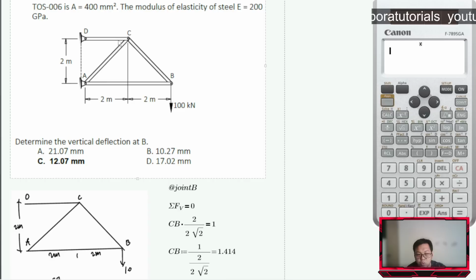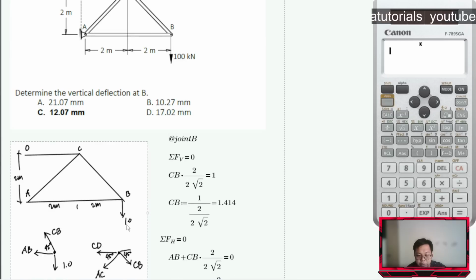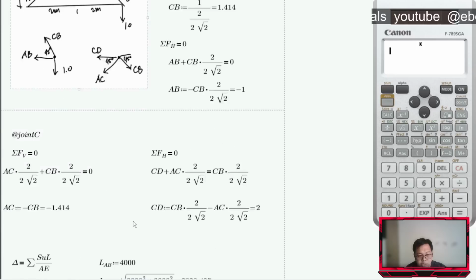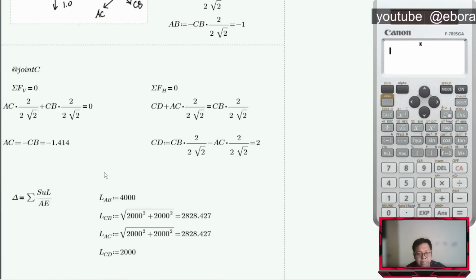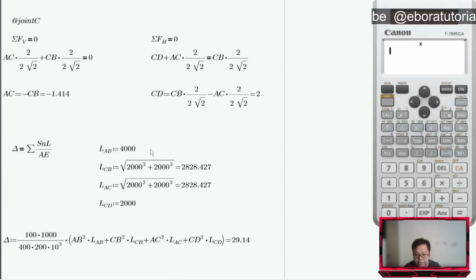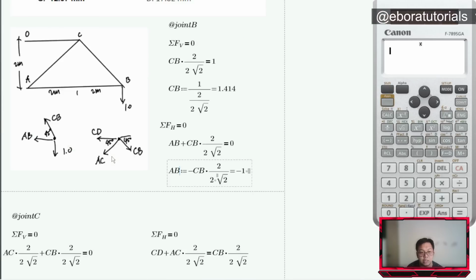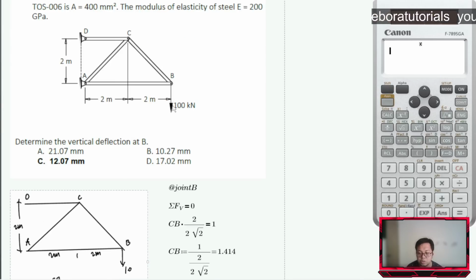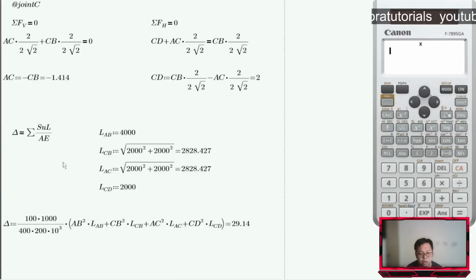So, ang bar force na makukuha ko, actually the same lang kanina, except instead of 1, it will be 100. So, notice, instead of solving again the A, B, C, D, actually parehas lang sila ng sagot. Ang isa nga lang is, you need to multiply it by 100 kasi same man sila ng location ng load. So, hindi na ako nag-solve ulit ng actual bar force. I just multiplied the virtual bar force by 100 kasi same lang naman sila ng sagot.